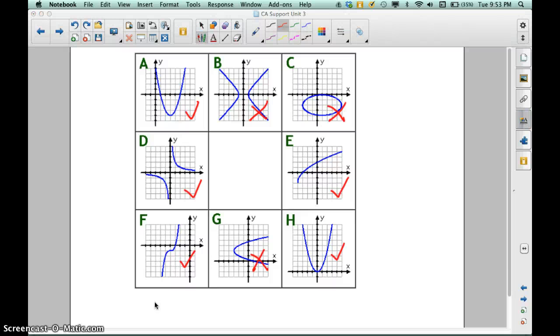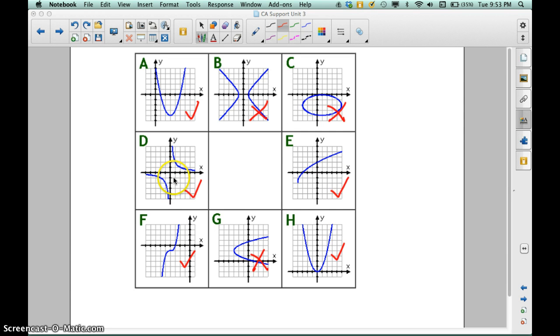How did you do? The ones with the check marks are functions, and the ones with the X's are not functions. Did you notice that if you drew a vertical line here, it passed through the graph twice, it fails the test. Same thing here. It passes through this oval at 2 places, and it fails the test.